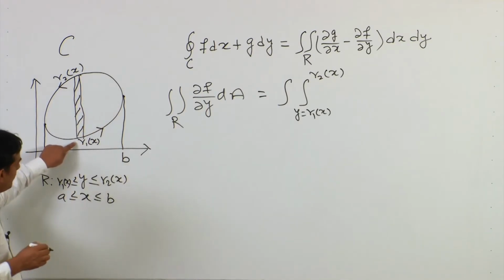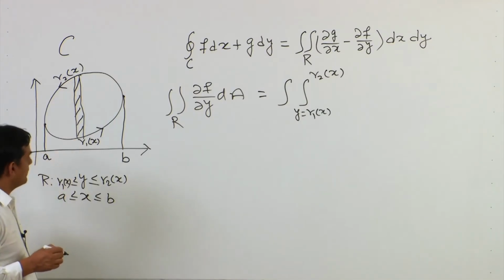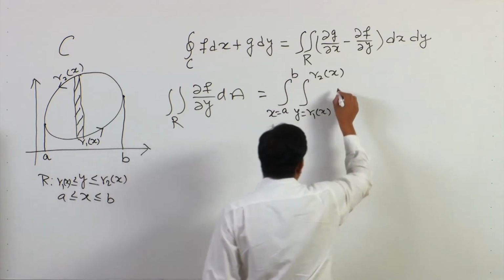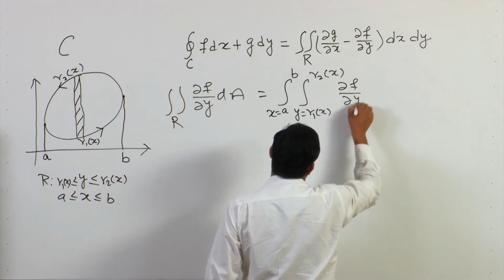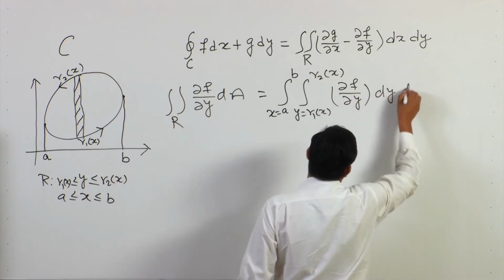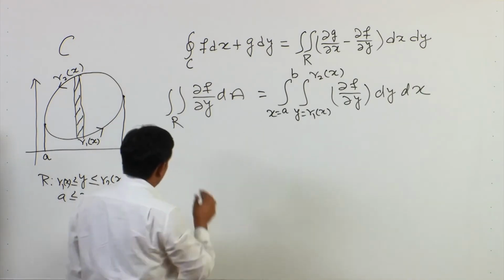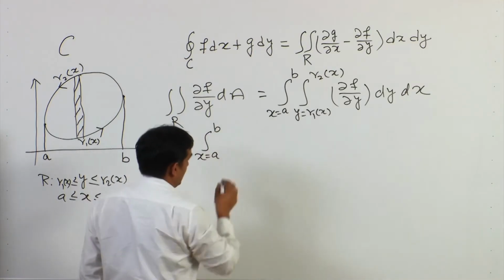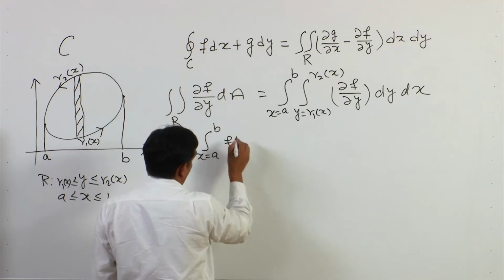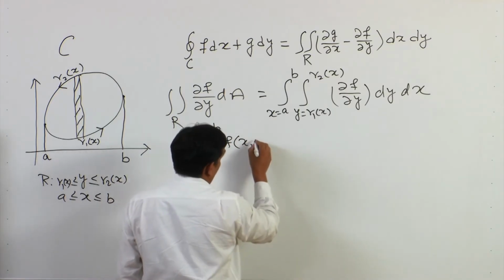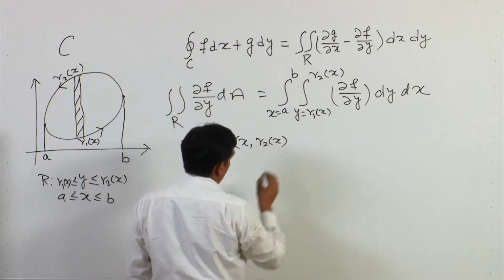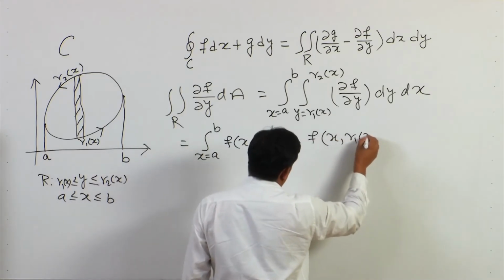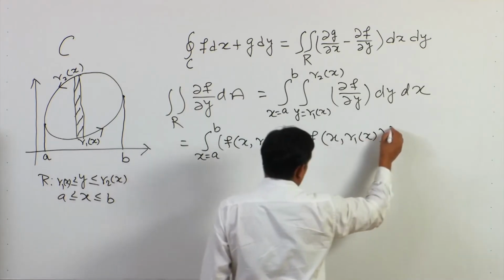So, the lower limit of y is r1(x), the upper limit of y is r2(x), and x is from A to B. Del f over del y dy dx equals the integral for x from A to B, and then after integrating I get f(x, r2(x)) minus f(x, r1(x)) dx.